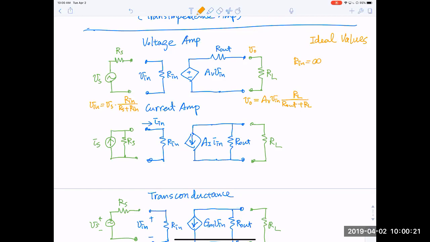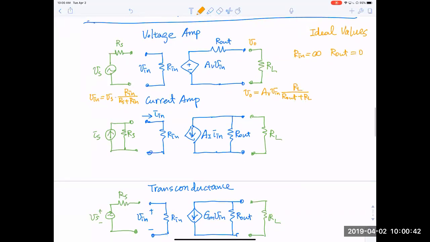What happens when R in is infinite? Well, V in is equal to Vs. So that's the ideal case. And what about R out? You want R out to be ideally 0. And when R out is 0, your output voltage is equal to the internal amplified value. So that's kind of ideal.